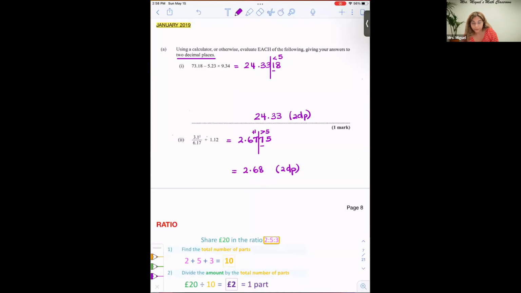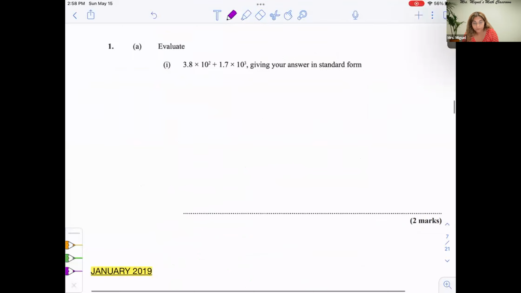All right, so we have this question here to do. Write your answer in standard form. What I want to emphasize, somewhere you can write it: 10 to the power 2 is 1 and 2 zeros. 10 to the power 3 is 1 and 3 zeros. So there's no reason why you should get that wrong.